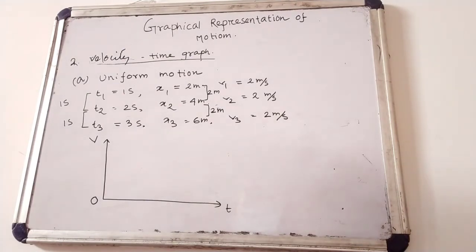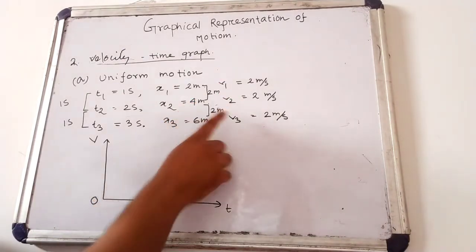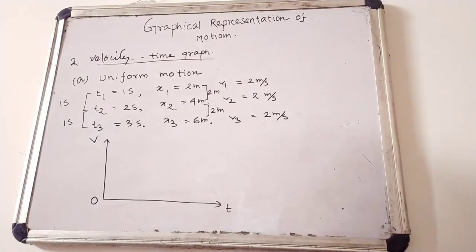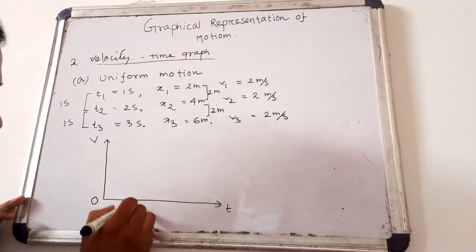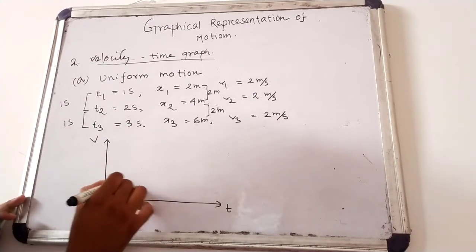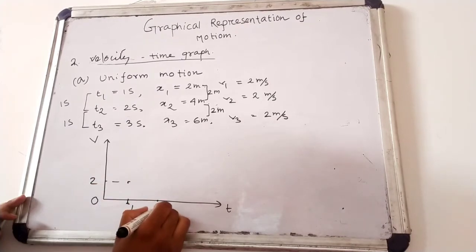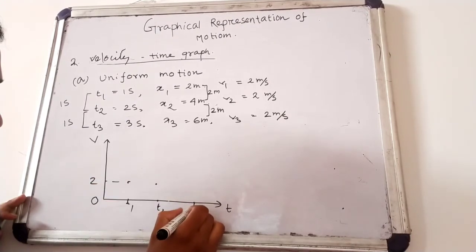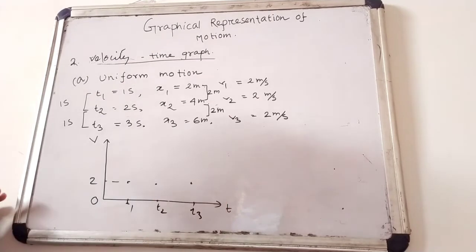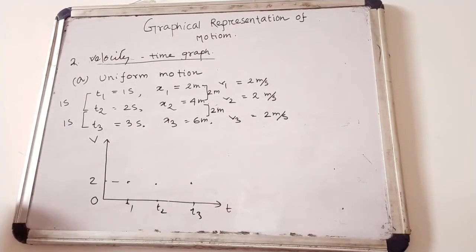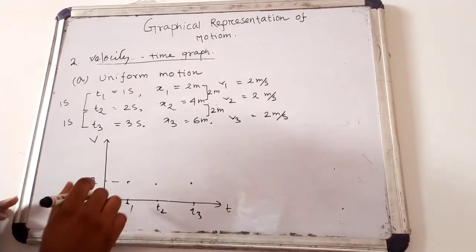Now for uniform motion, since velocity is constant at every time, at t equals to 1 second its velocity is 2 meter per second. At t equals to 2 second also its velocity is 2 meter per second. At t equals to 3 second also its velocity is 2 meter per second.